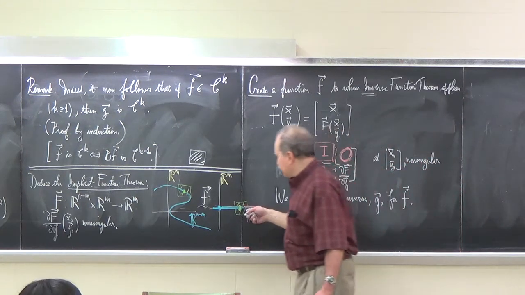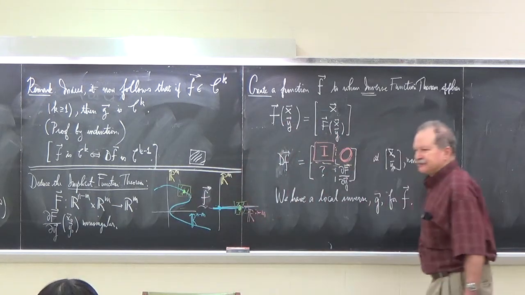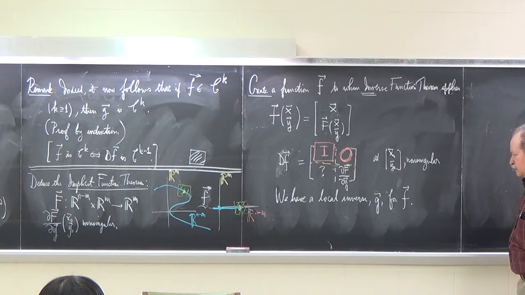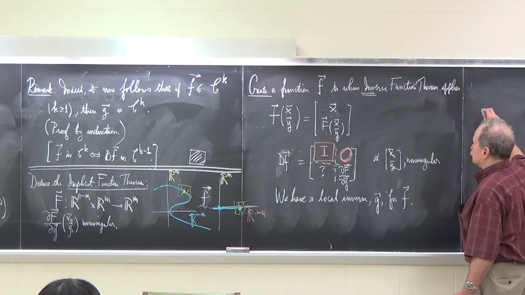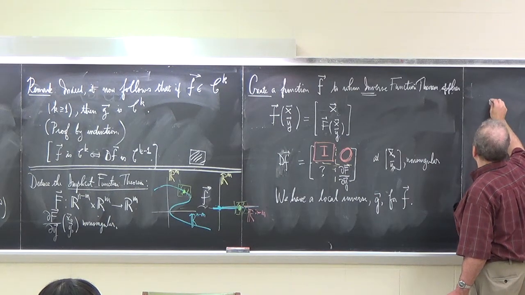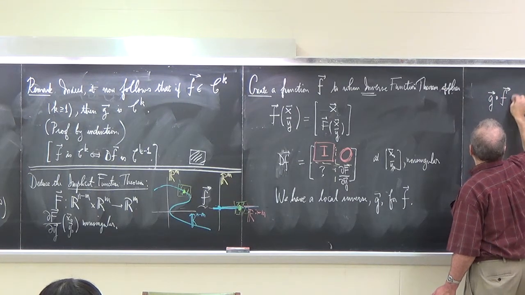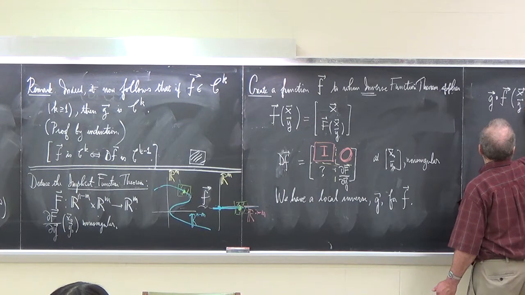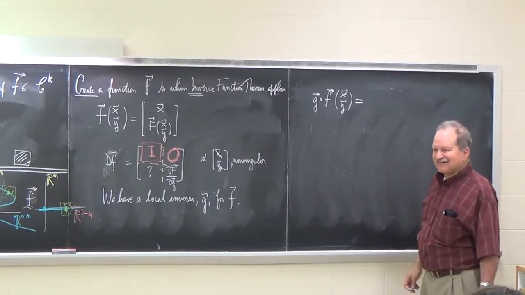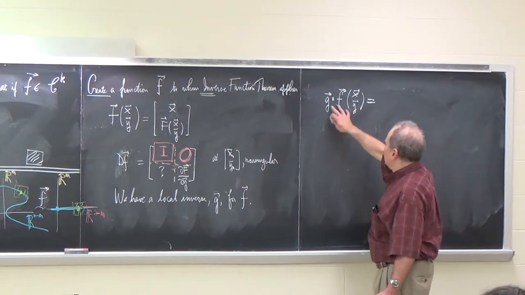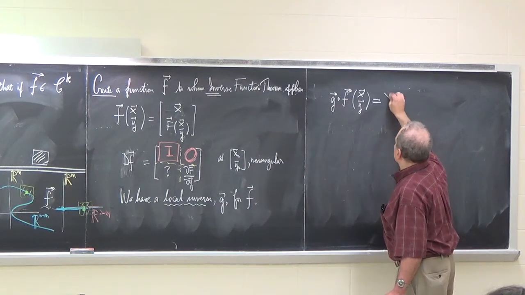If I want to get back to the function capital F, compose little f of g. What do I get if I look at it component by component? What's the definition if you have an inverse? I get x, y.